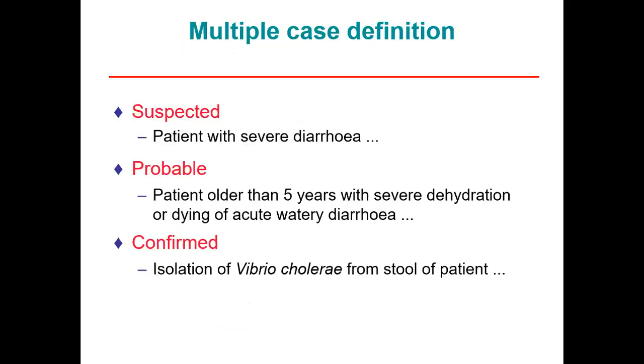So this is still talking about a case definition. And of course, there are multiple levels of case definition. So you have a suspected case, you have a probable case, and you have a confirmed case. You need to know what these definitions are. Starting from confirmed case, that's the easiest. You have a laboratory investigation identifying the etiological agent, identifying the causative agent.